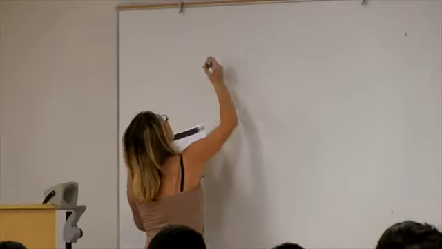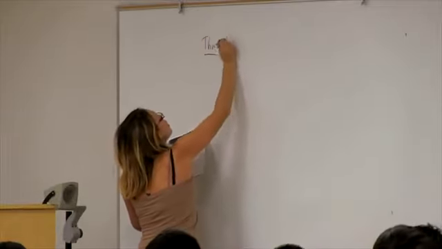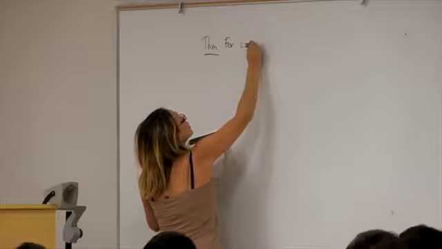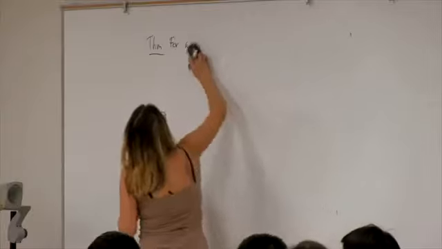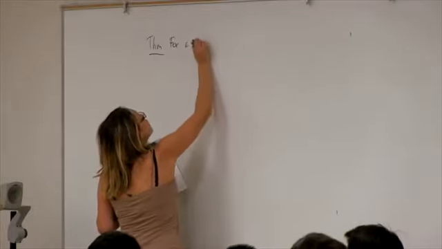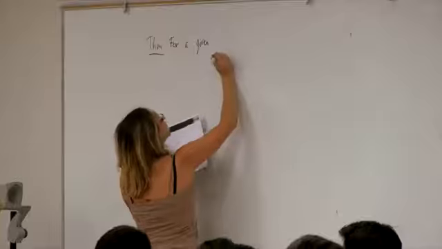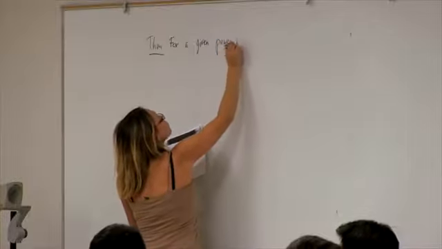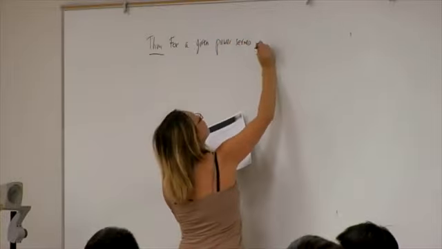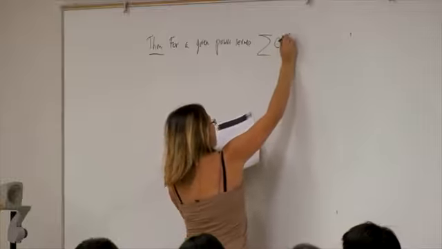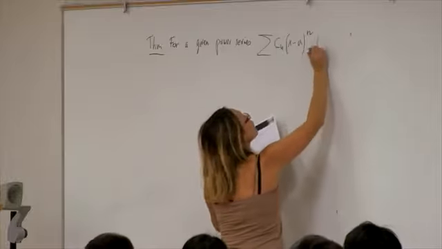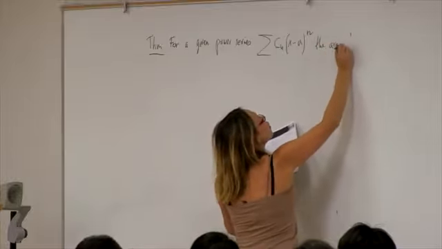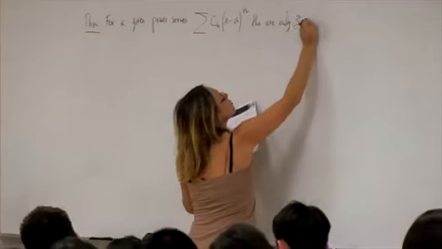Theorem: for a given power series, it looks like this: Cn (x minus a) to the n. There are only 3 possibilities.